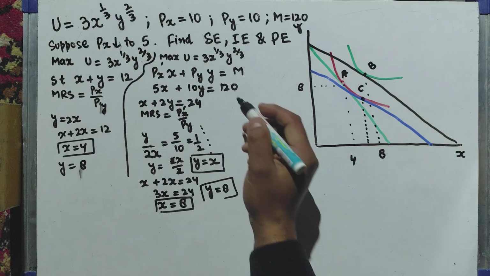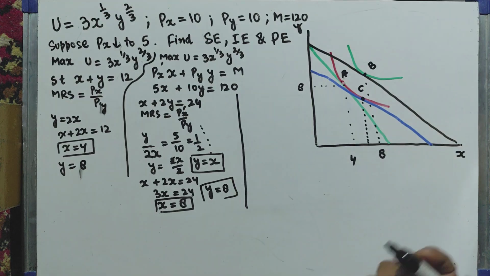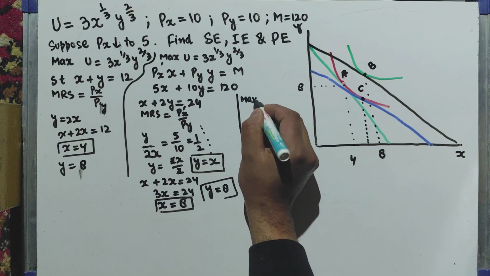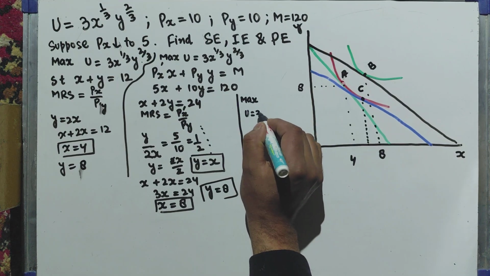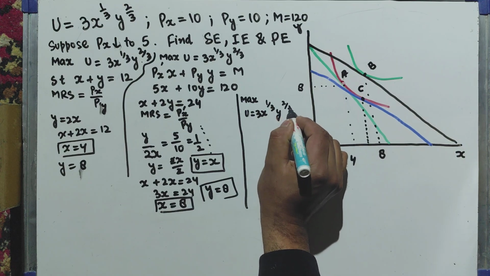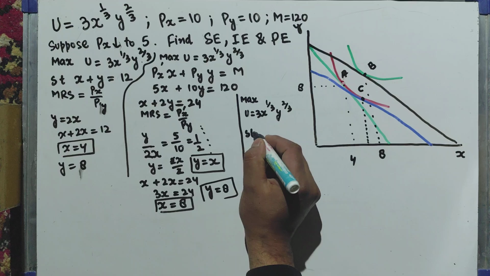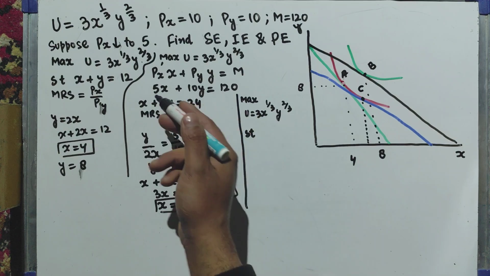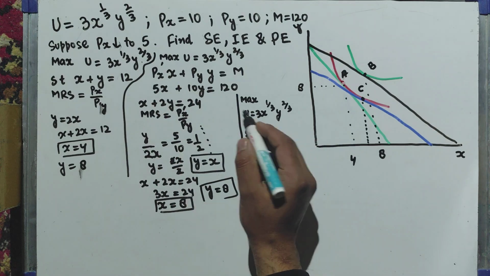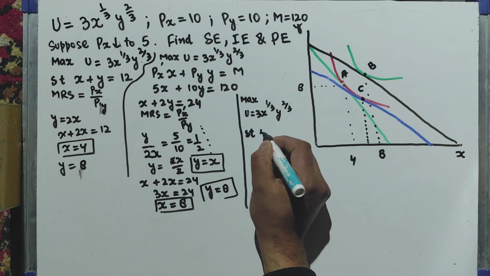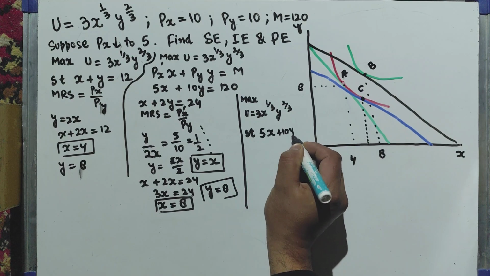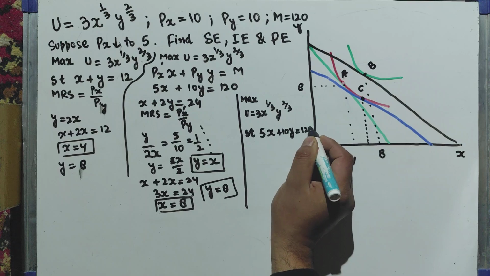So for that, what will we do? Again, we want to maximize utility, that is u is equal to 3x raised power 1 upon 3 y raised power 2 upon 3. Now what will be the new budget constraint? That will be equal to the change in the price of good x, that is 5x plus 10y should be equal to 120.